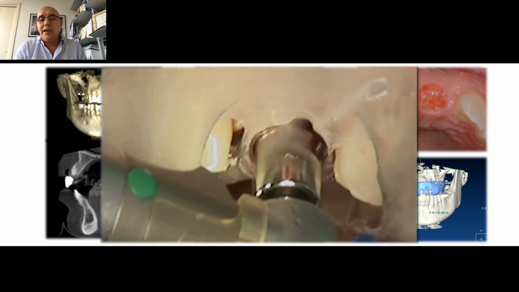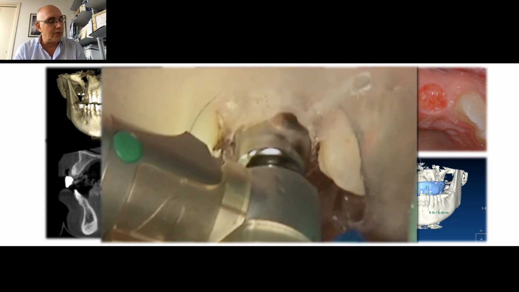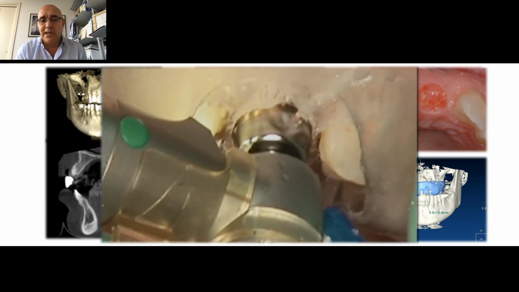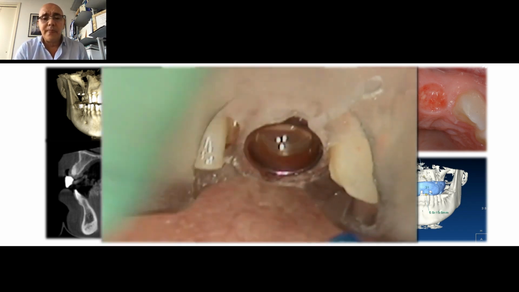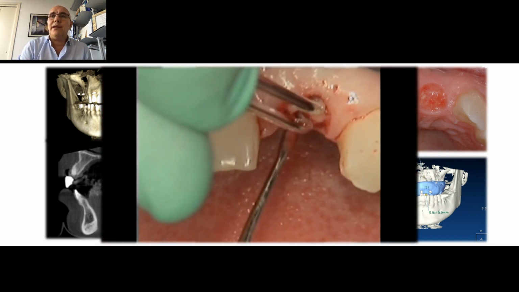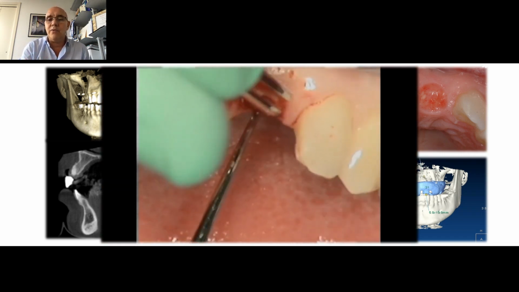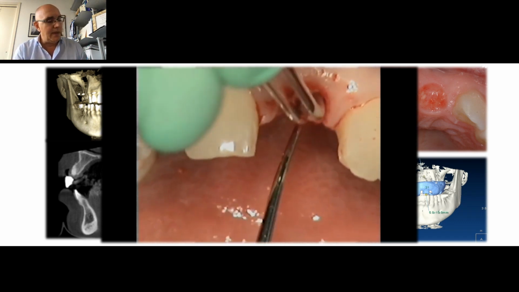There is an initial burr. The initial burr is the one drilling through the stent and giving us the direction of our implant. And it works basically like a tissue punch, and it removes a little core of the connective tissue and the epithelium.